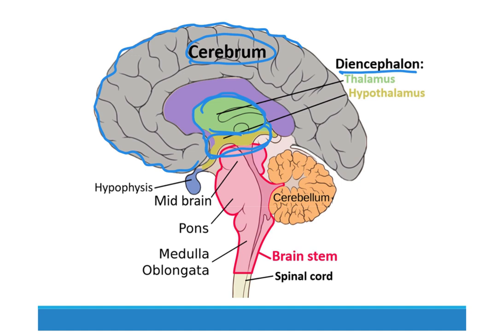The hypothalamus is critical for many different homeostasis processes, maintaining body temperature, for example. Together with the hypothalamus, we have certain glands, such as the pituitary gland down here. The hypophysis is a fancy name for the pituitary gland, which we'll talk a lot more about when we get to the hormones.